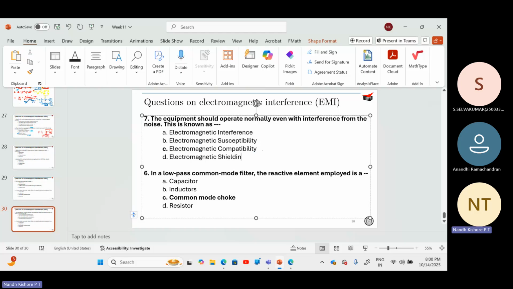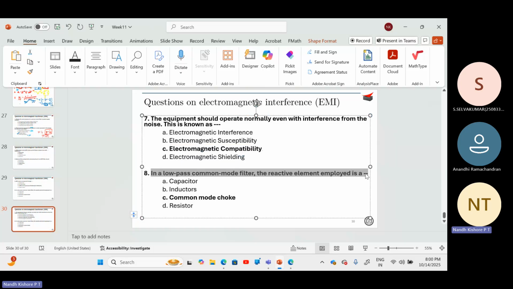So what is the answer? Even if there is EMI noise, I want it to operate. Yeah. So the answer is C, how compatible it is, right? So option is C.